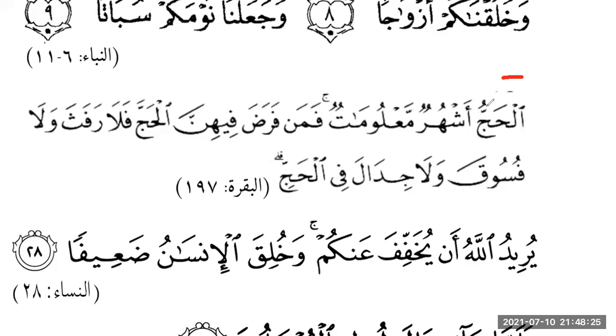Al-hajju is translated to the hajj, the pilgrimage. Ashhurun, what's the root word? It is shin ha ra, shahrun. Shahrun means month, and ashhurun will be the plural form.